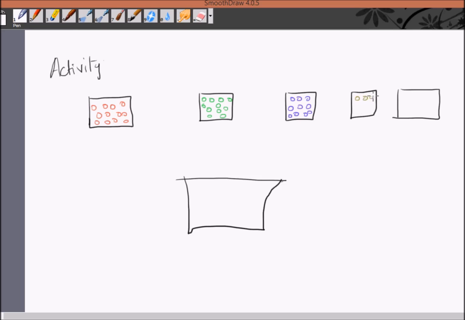The fourth one has dark green pebbles, and the fifth one has magenta colored pebbles. Now what you have to do is close your eyes and put some pebbles from each of the boxes in the main box. Let the purple have 2 pebbles.